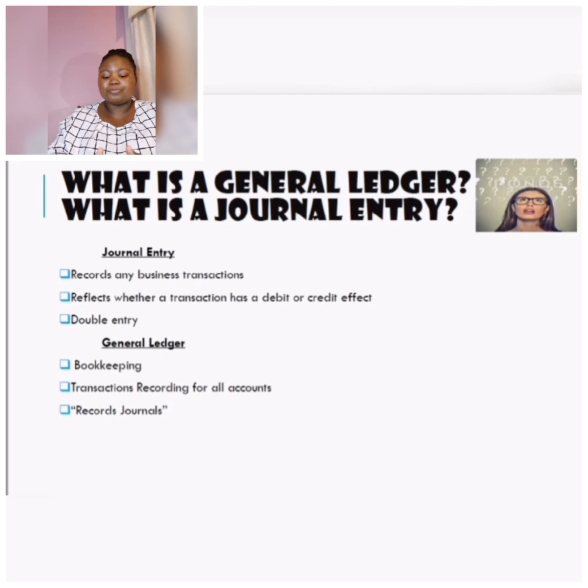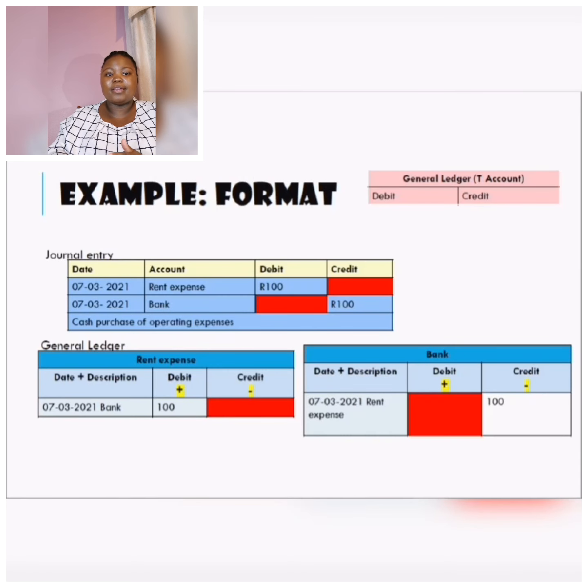I thought it would be easier to explain journals and the general ledger using an example, because it will make much more sense than just me talking. There isn't really much to say about general ledgers and general journals, but they are an important part of the foundation of accounting. I have given you a format, an example of a format, and then we go through an example.